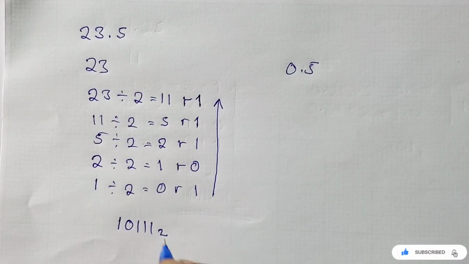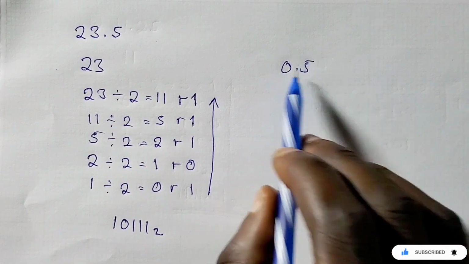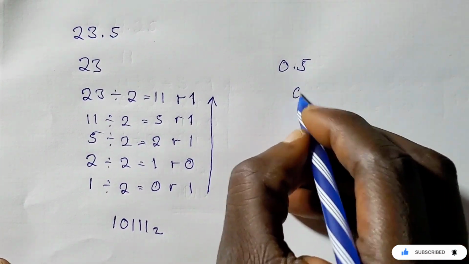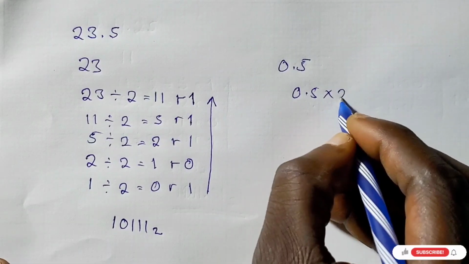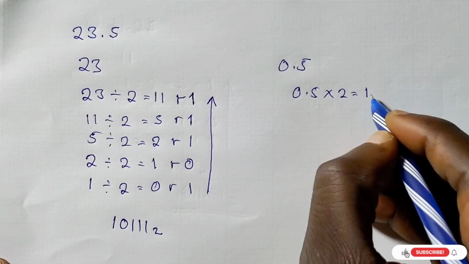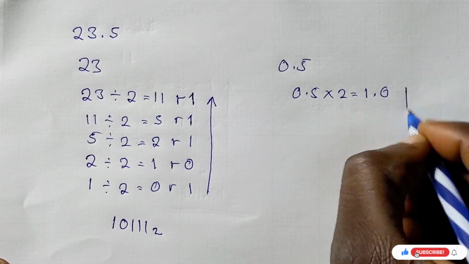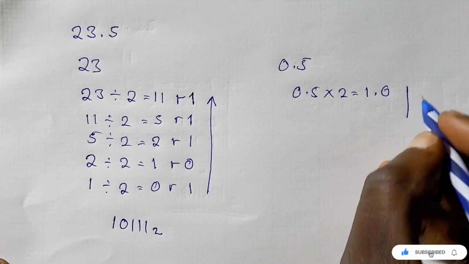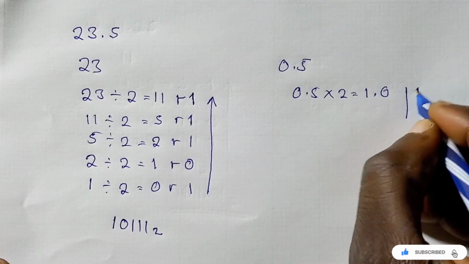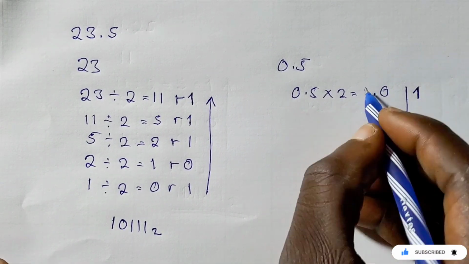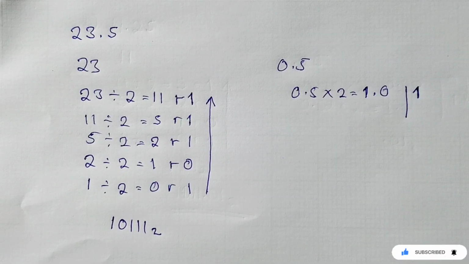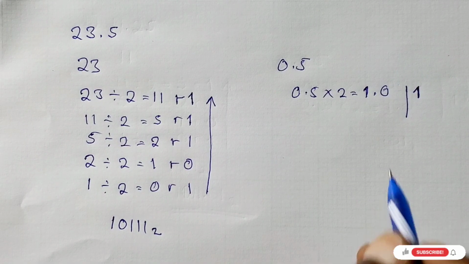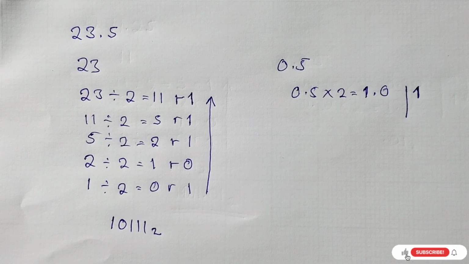10111 base 2. Now let's deal with the decimal here. Here we multiply 0.5 times 2, it is just 1.0. Okay, just 1.0. So you just get this one, which is a whole number.